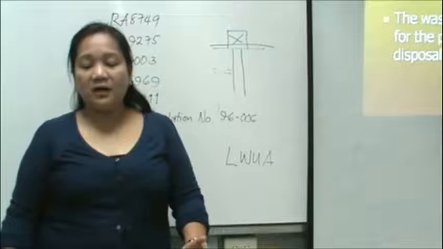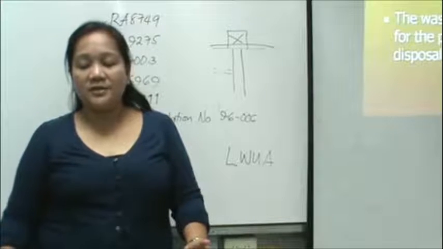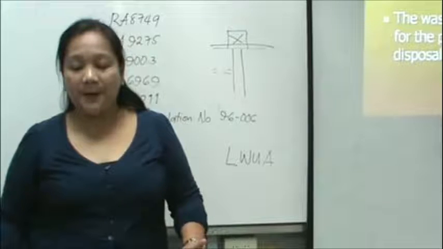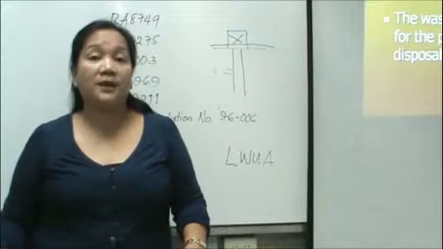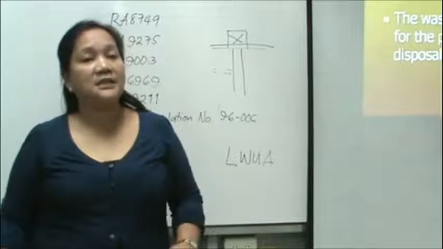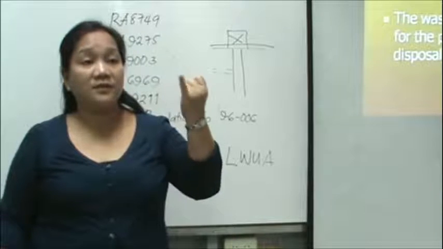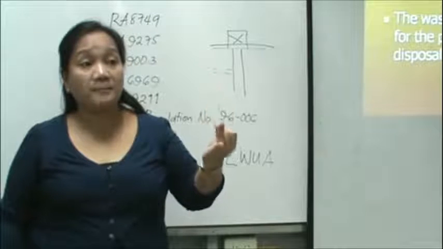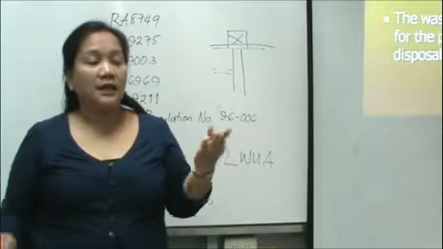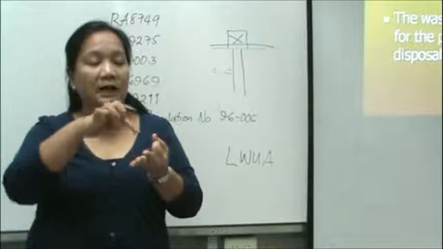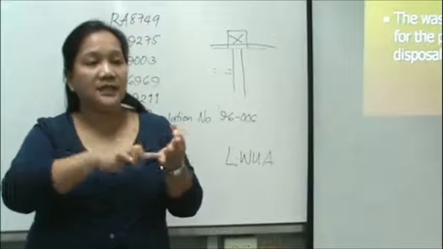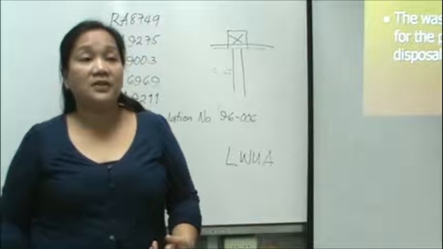Now, the policy also states that the waste generator shall be responsible for the proper management and disposal of the hazardous waste. If you recall, we discussed the paradigm in hazardous waste. So you have the waste generator, the transporter, then the treater. From the point of source down to the treatment, it's still the responsibility of the waste generator.